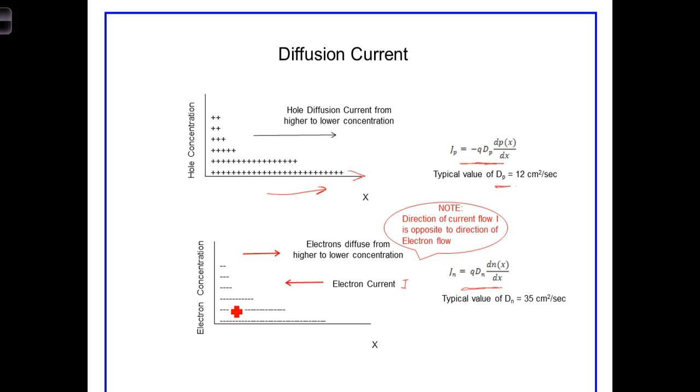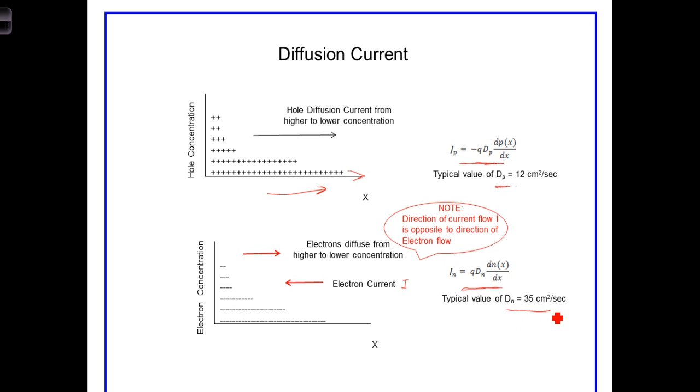So once again, when we take the derivative of the distribution with respect to x, as we go from a higher concentration to a lower concentration, the derivative will be negative. And thus the current flowing in this direction will be a negative current density. Otherwise, the expressions are very much similar, where here we have the diffusivity of electrons times the charge.